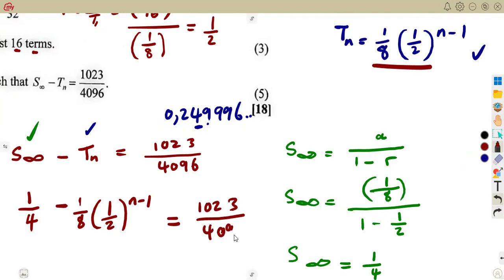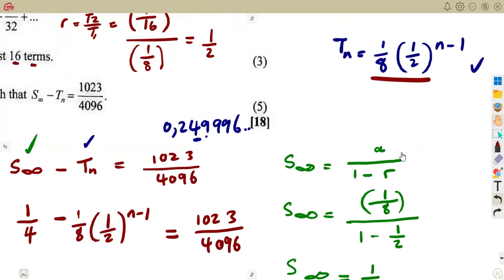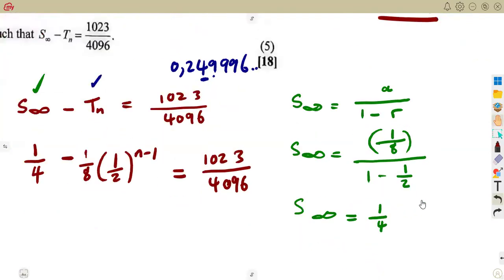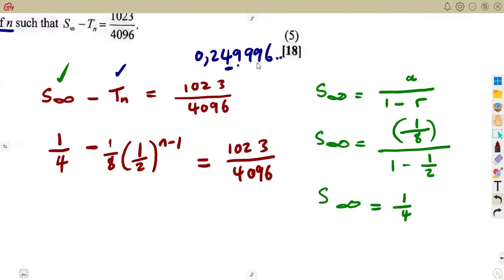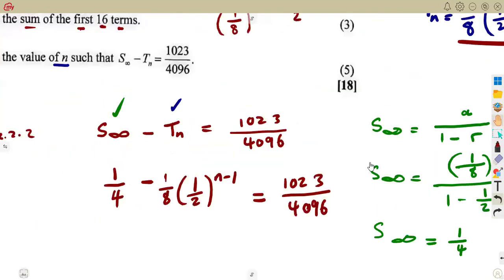That was the condition of our question. So you have to find your Tn and the sum to infinity, then substitute into the given statement that you have to follow.